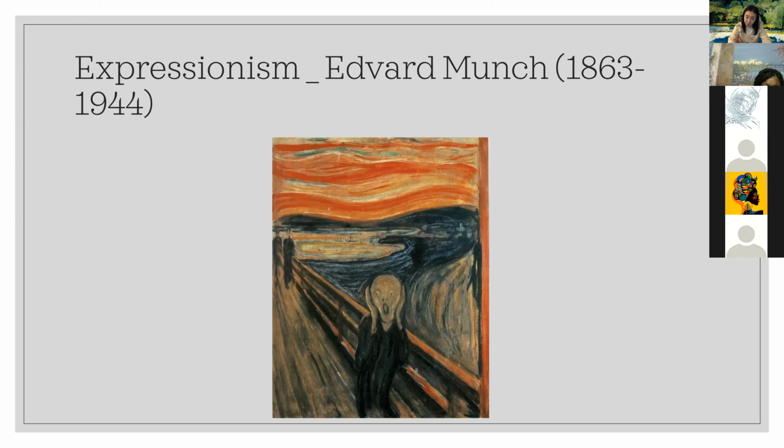So Munch recalled that he had been out for a walk at sunset when suddenly the setting sunlight turned the clouds a blood red, and he sensed an infinite scream passing through nature.